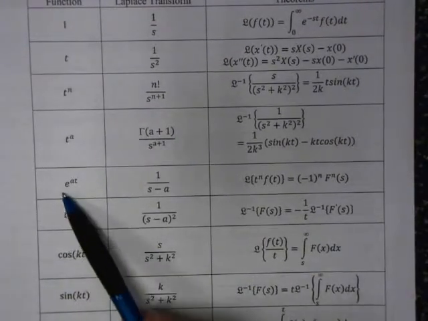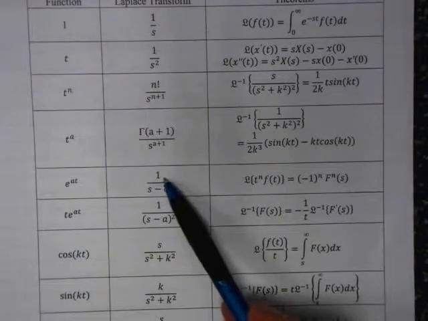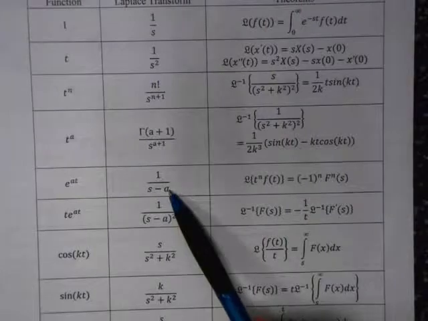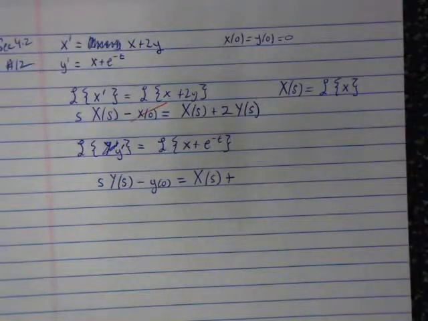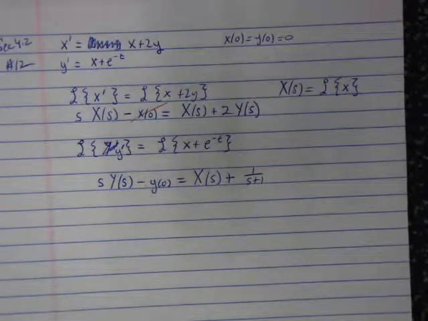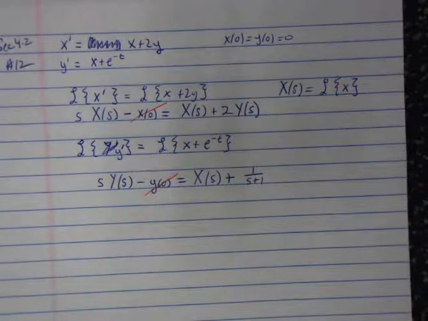The Laplace transform of e to the negative t is 1 over s plus 1, because it would be 1 over s minus negative 1. Once again, our initial condition gives us that y at 0 is 0, so that part drops out.